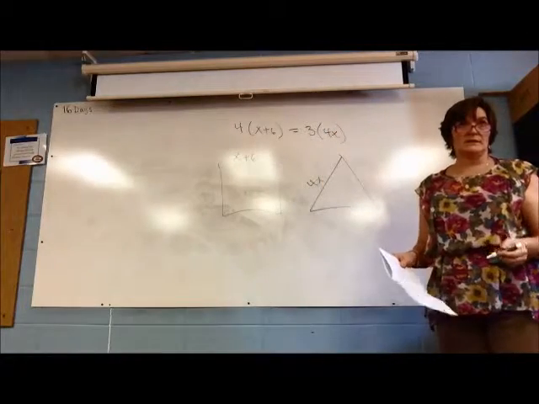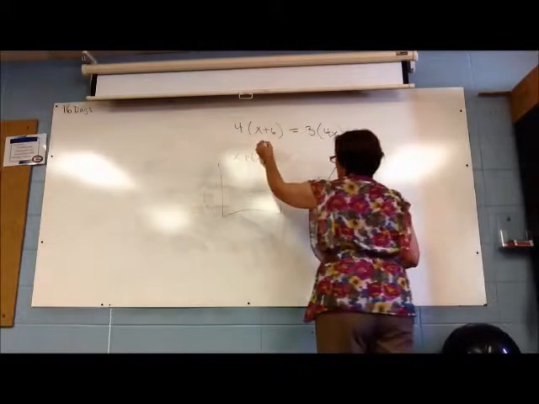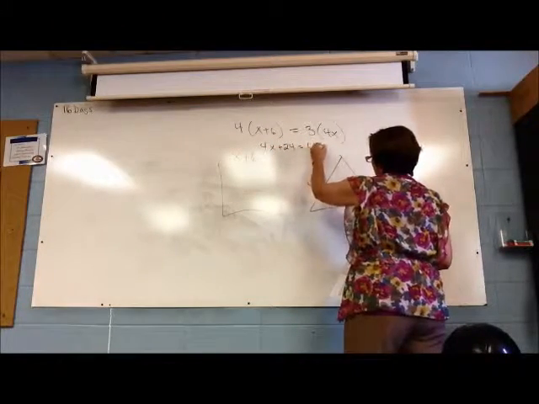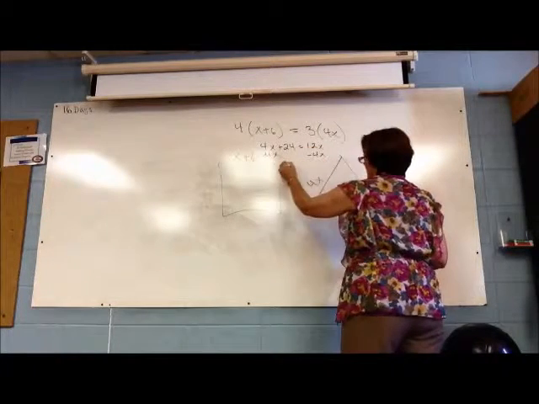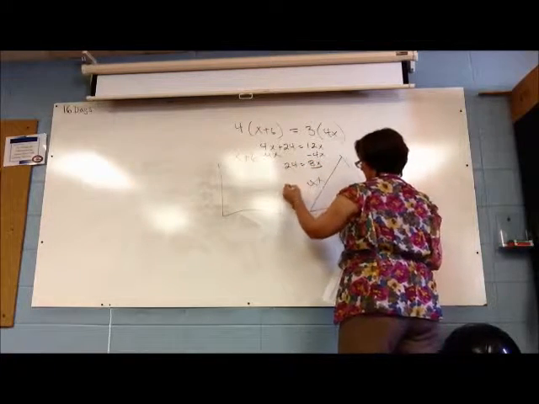That's your equation. Now solve it. When you solve that, you get 4x plus 24 equals 12x. Subtract 4x from both sides, so you have 24 equals 8x, so x equals 3.